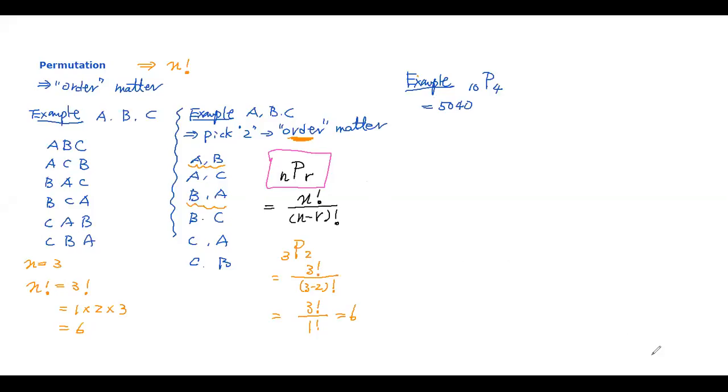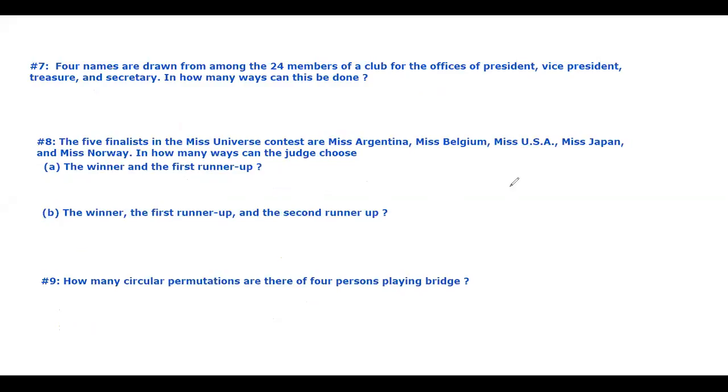Okay, so let's take a look at number 7 here. The number 7 is telling me, let's say the 4 names are drawn among the 24 members of the club for the officials. And then those 4 people are going to be president, vice president, treasurer, and the secretary.